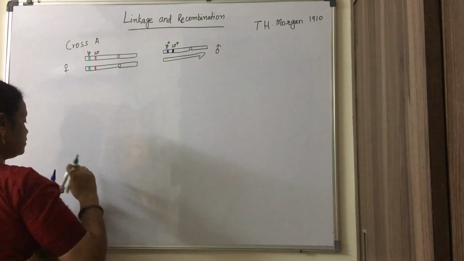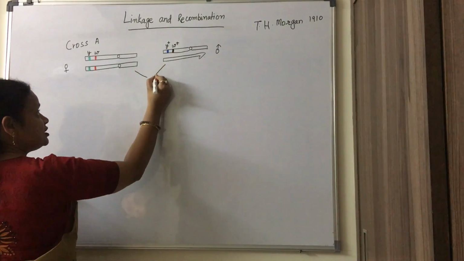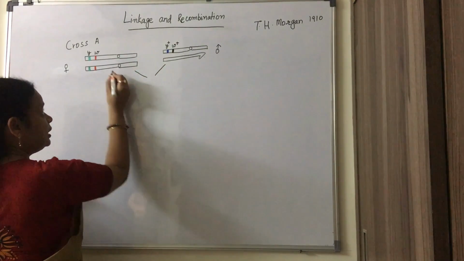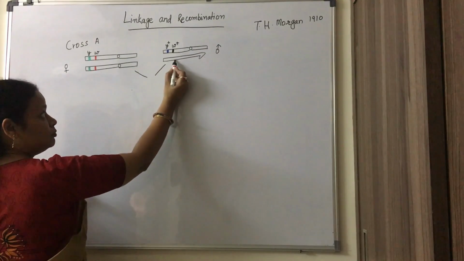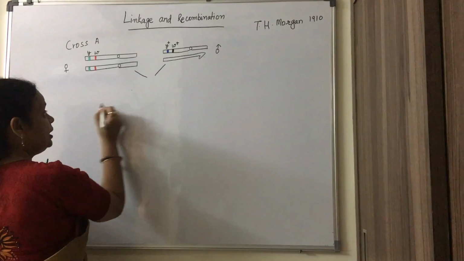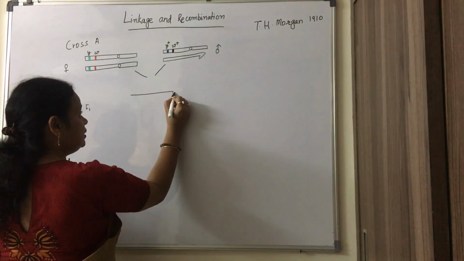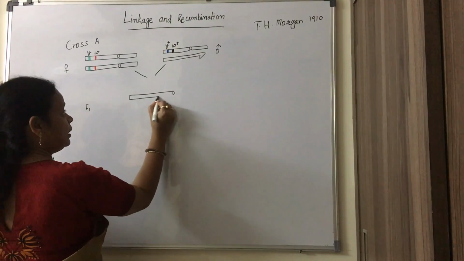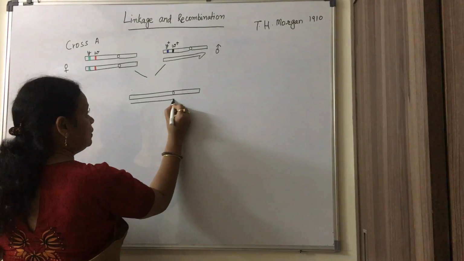So when this cross was made, see what happens in the F1 generation. These two chromosomes will separate independently. In the F1 generation, what we get is this progeny.